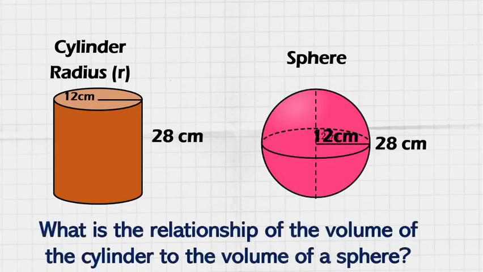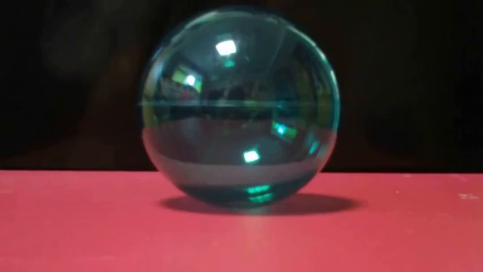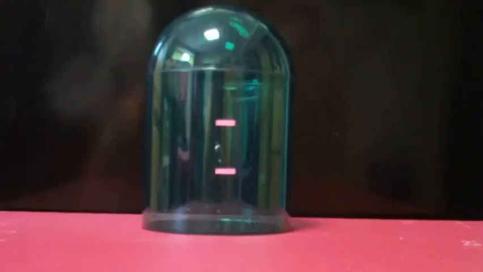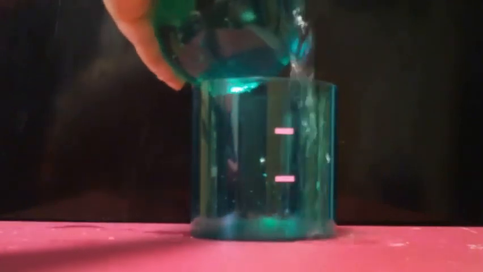Now, what is the relationship of the volume of the cylinder to the volume of the sphere? Let's watch this experiment again. So they have the same diameter and the same height, completing the cylinder.